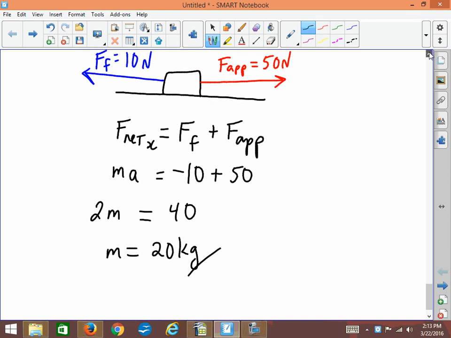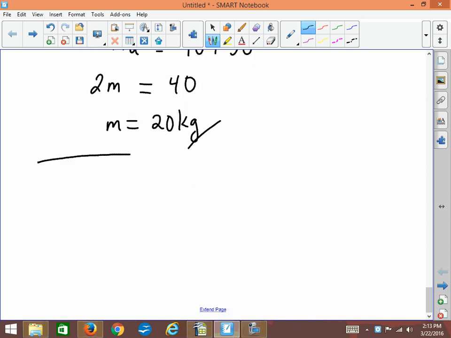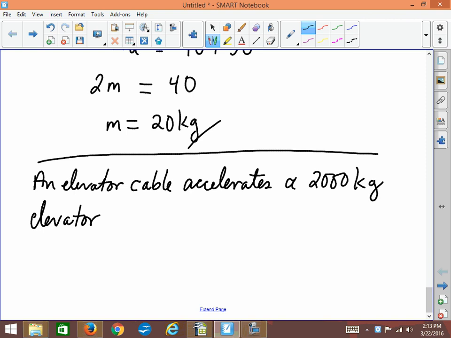All right, I'm going to give you one more, and then we'll call it a day for practice. Okay. So this last one is an elevator cable accelerates a 2,000 kilogram elevator. Elevators are pretty heavy. Upwards at 0.5 meters per second squared.